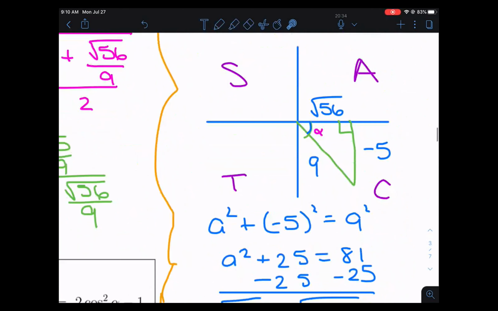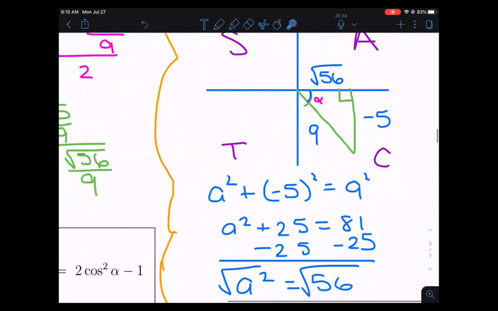But now that we have this, one way to identify the side is just by using the Pythagorean theorem. So we can take a squared, which is what we're looking for technically, plus b squared, which is -5 squared, equal to 9 squared. So you just simplify this: -5 squared is 25, 9 squared is 81.